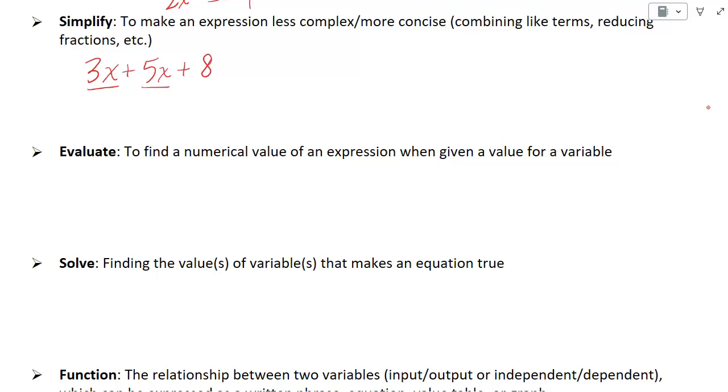So I can add their coefficients together. 3 plus 5 is 8x. So that makes it a little bit easier to deal with. You can also reduce fractions. We'll, again, get into that more when we cover that specific example. But if I have something like 4 plus 6 over 2, 4 plus 6 is 10, and then 10 over 2 is 5. So you can always reduce, or you can make things simpler.